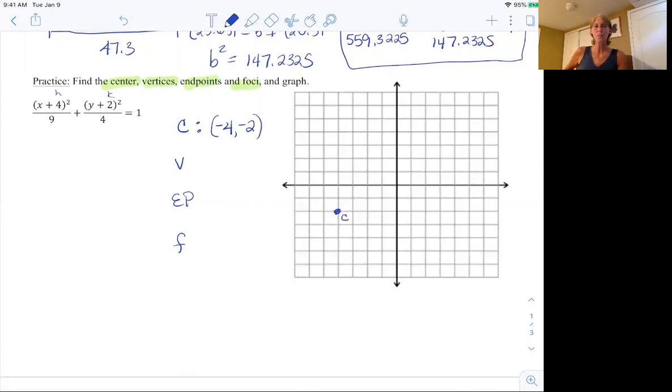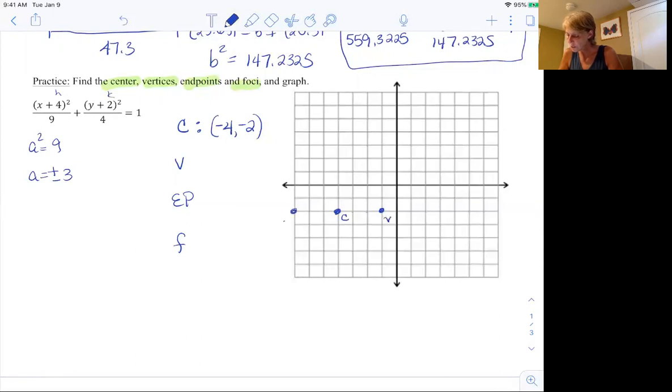Everything is going to move off this center, whether it be in the x direction or the y direction. We're going to move from this new center. Now we go back and identify the larger denominator. Your larger denominator gives you your a squared. A squared is 9. So my a movement, the distance from the center to the vertex, is plus or minus 3 units. Since it's under the x term, I'm moving in the x direction. Plus 3, minus 3.